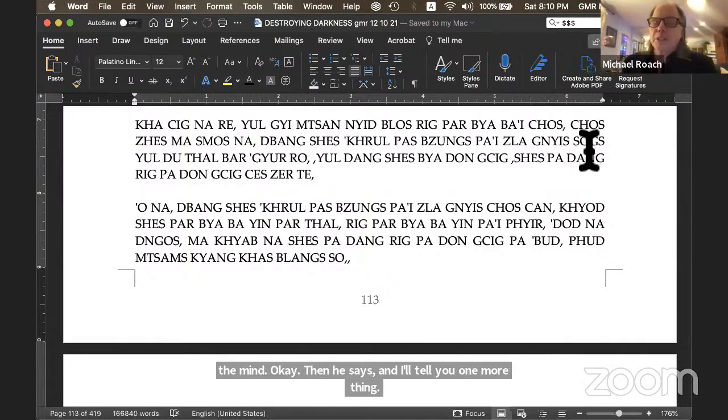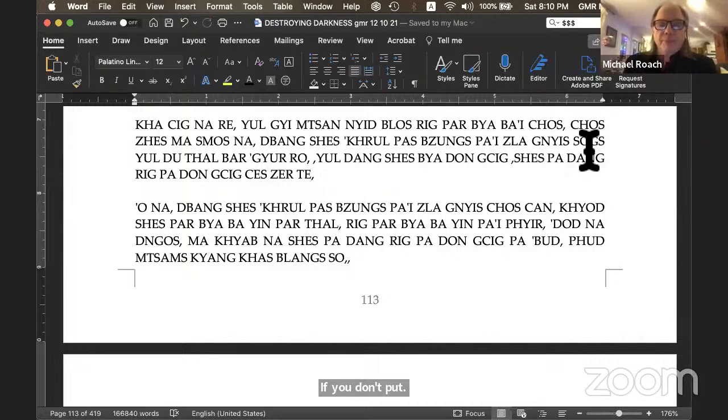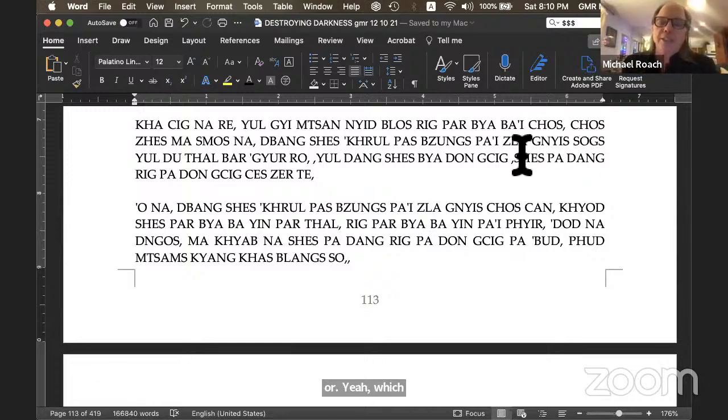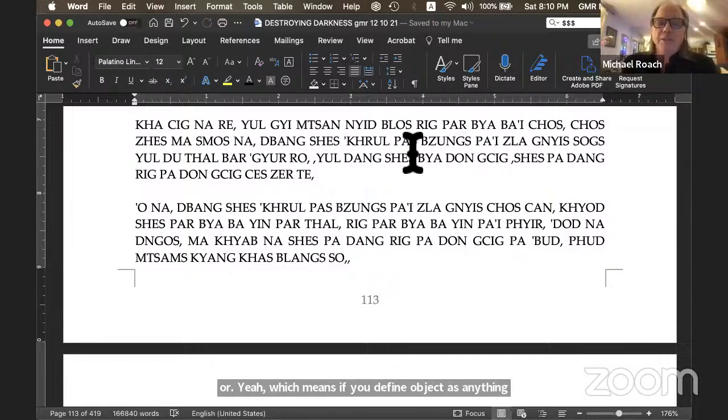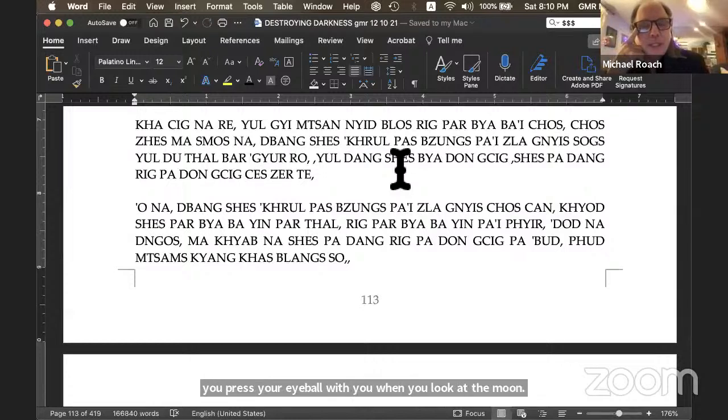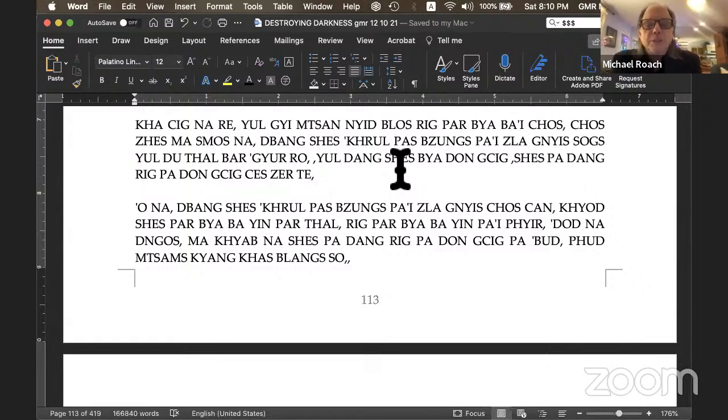If you don't put existing in the definition, which means if you define object as anything which is known by the mind, then when you look at the moon and you stick your finger against your eyeball and you press hard and you see two moons, then that must exist. There must really be two moons in the sky.